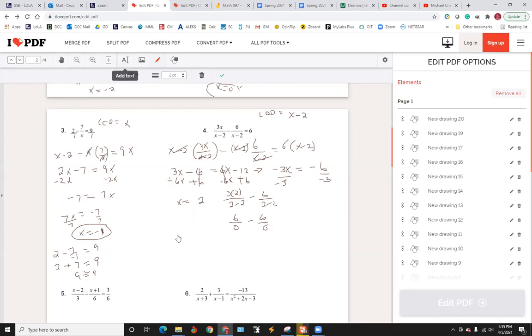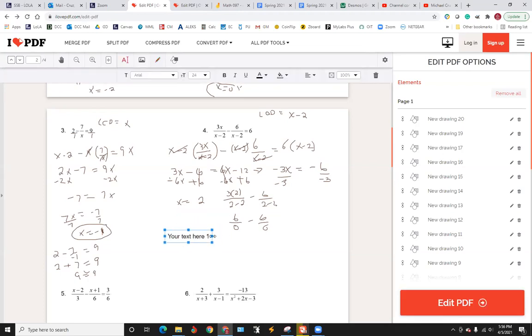So let me write that down. So this is why it's important to at least spot check, because if we end up with an expression that's undefined, given that solution, then we have to throw it out.